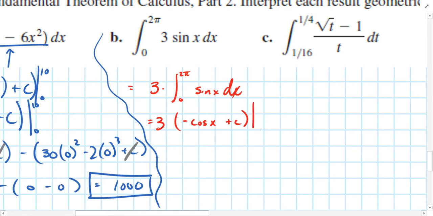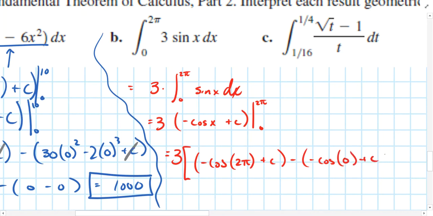And we're going to evaluate that at 0 and 2 pi and find the difference between. So as we evaluate this result, we have 3 times, I'm going to put this on the outside of a larger grouping symbol, negative cosine of 2 pi plus c minus negative cosine of 0 plus c.